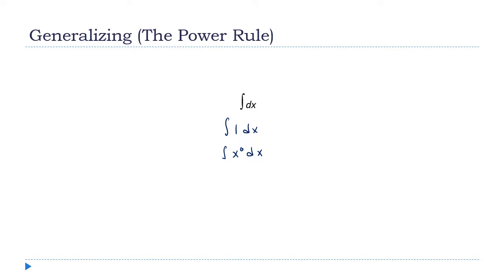Remember what our power rule says: increase the exponent by 1 and divide by that new exponent, and of course, tag a constant on. So 0 plus 1 is 1, so this is x to the first divided by 1, which is just x. And there you go, there's my antiderivative.